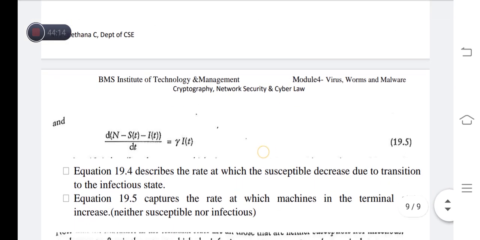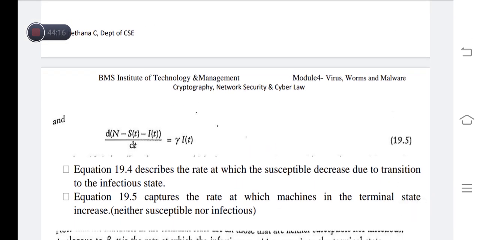So 19.4 describes the rate at which the susceptible set decreases due to the transition to the infectious state. Because we have some number of susceptible machines, and few of the machines are going to move to the infectious state, obviously the number of machines in the susceptible set will decrease, right, once a few machines move on to the infectious state.